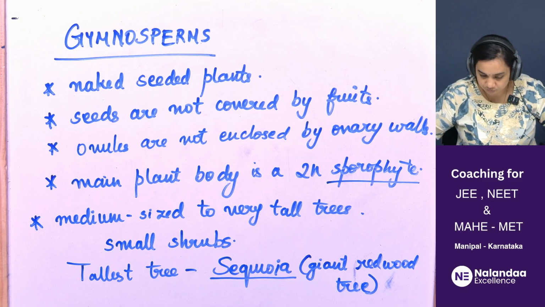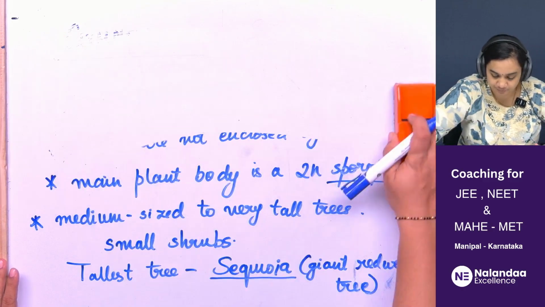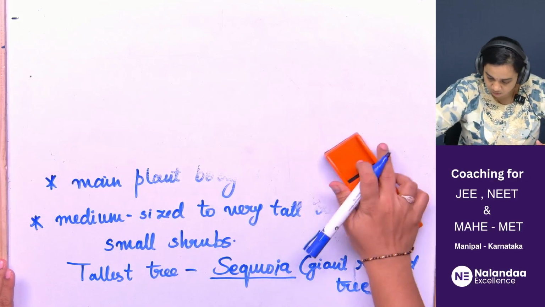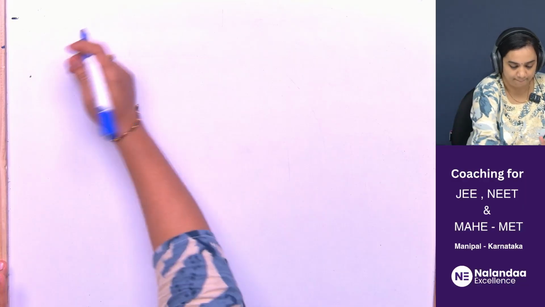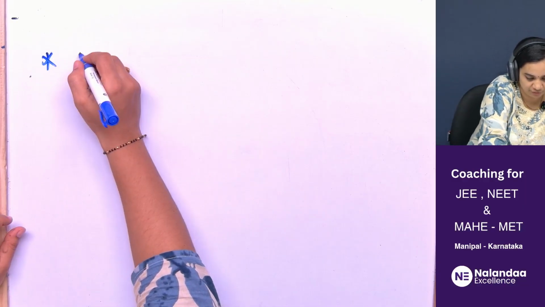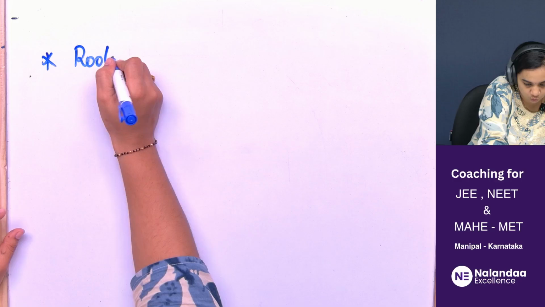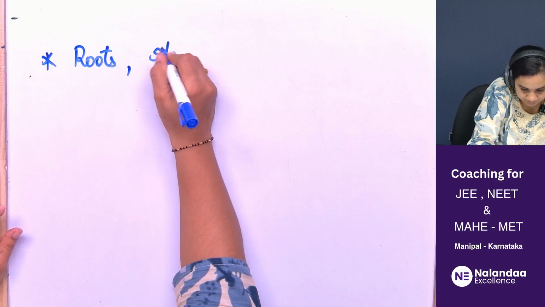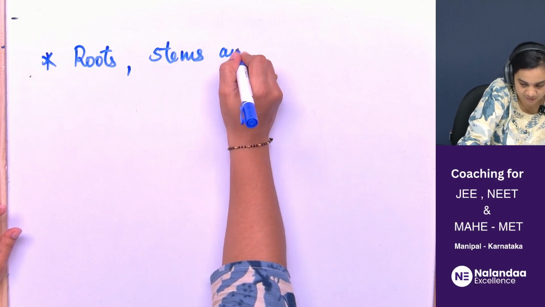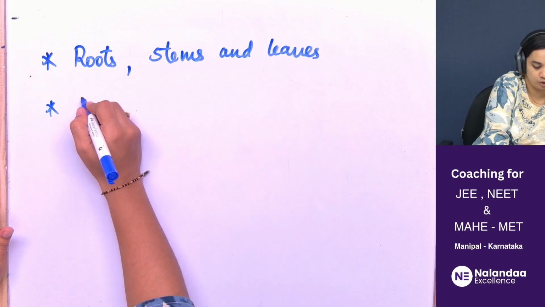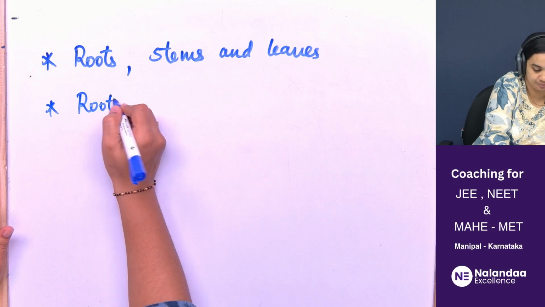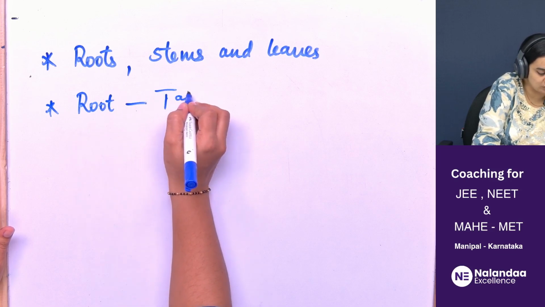Now, talking about the plant body, how it is. The plant body is differentiated into true roots, stems, and leaves. Now, the root is generally a taproot system.